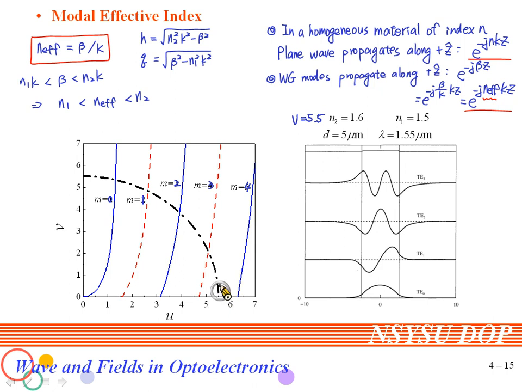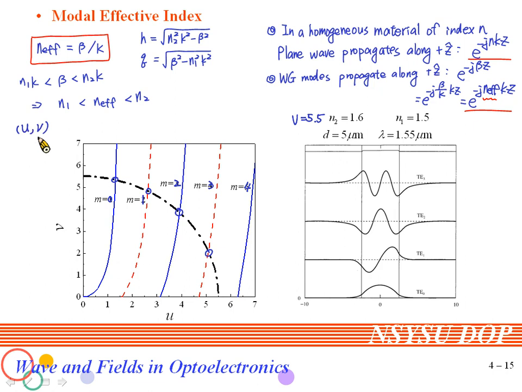So we plot the quarter circle with the radius 5.5. You will find that we have 4 intersections with these curves. From the position of each intersection, you can obtain the corresponding u value and v value. And as I have said, from the u value and v value, you can get the beta value.